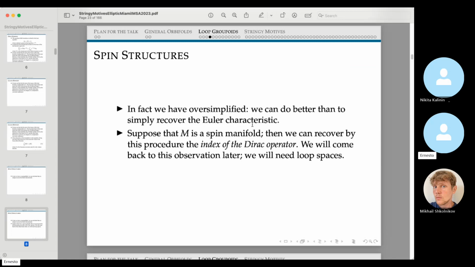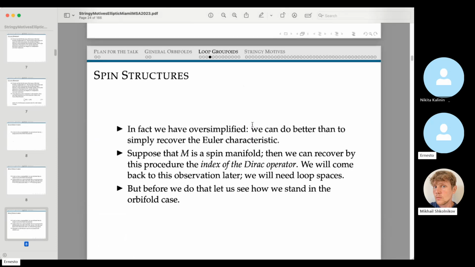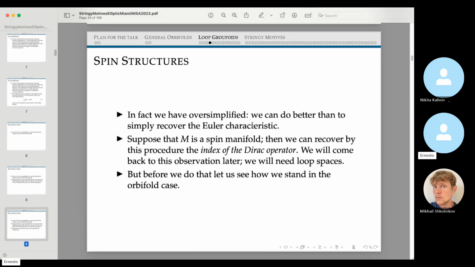But from our geometric point of view, we want to be geometers, and we will need loop spaces. So let's see what happens with orbifolds. We want to generalize all this to not the Laplacian, but the square root of the Laplacian. And the generalization from the Laplacian to the square root of the Laplacian, while it sounds rather innocent at first, is a deep one, because it will give you the so-called Atiyah-Singer index theorem, one of the top achievements in mathematics in the 20th century.